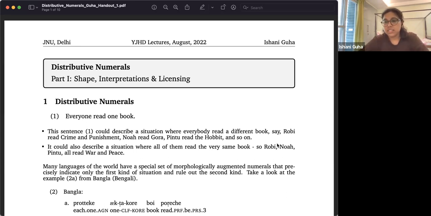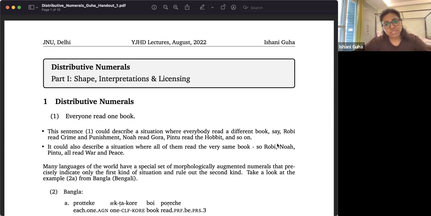And one more thing: the aim of these 3 classes is to take you forward, not let you be like I was before I studied this. So that you are in a position to study distributive numerals, which occur in almost every fifth sentence that we utter, but we don't know about them.